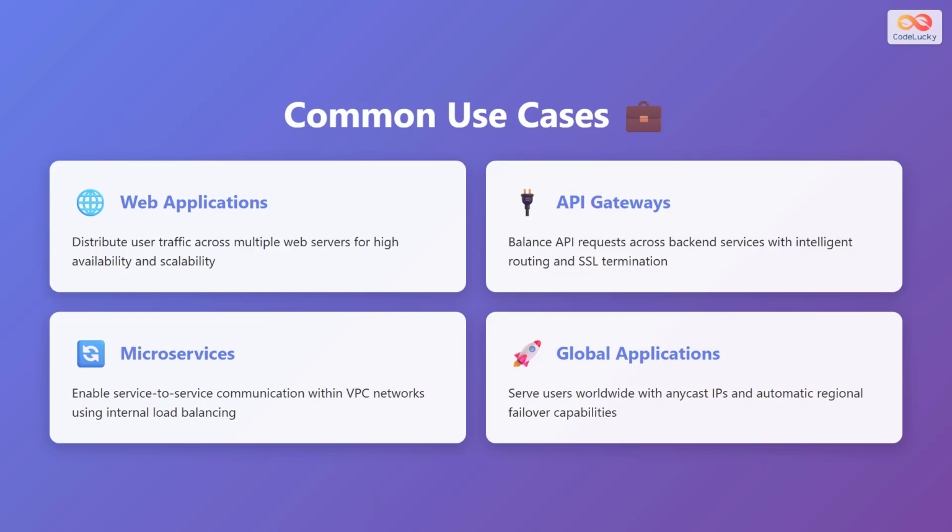In microservices architectures, internal load balancing enables efficient service-to-service communication within VPC networks without exposing services to the internet. For global applications, it serves users worldwide using Anycast IPs and automatic regional failover capabilities, ensuring consistent performance regardless of where your users are located. These use cases demonstrate how versatile and powerful GCP load balancing can be for modern cloud applications.